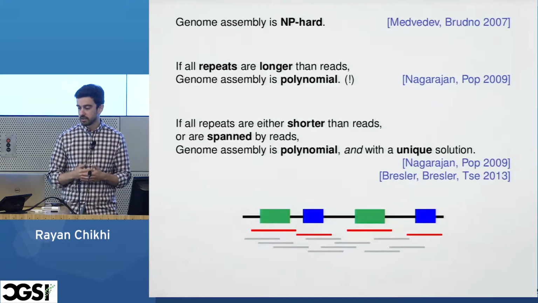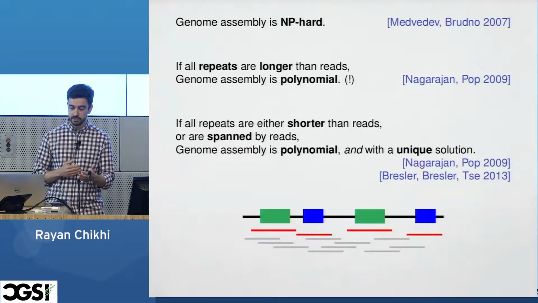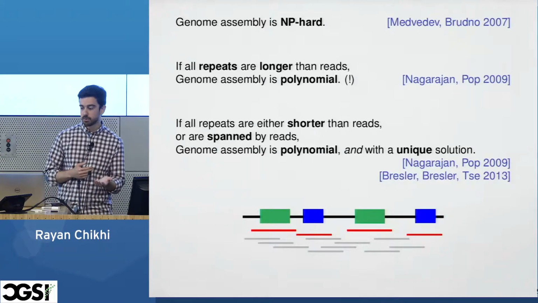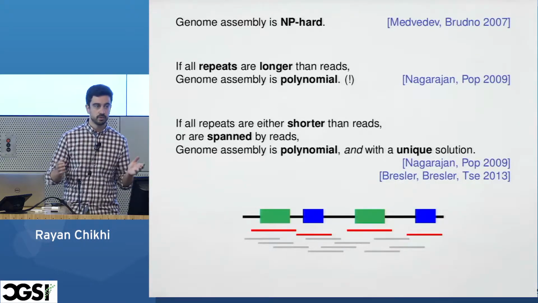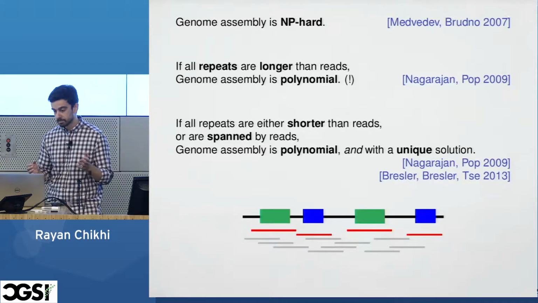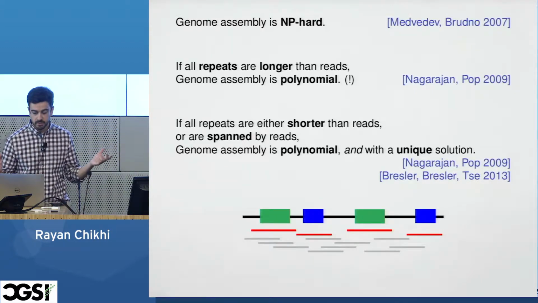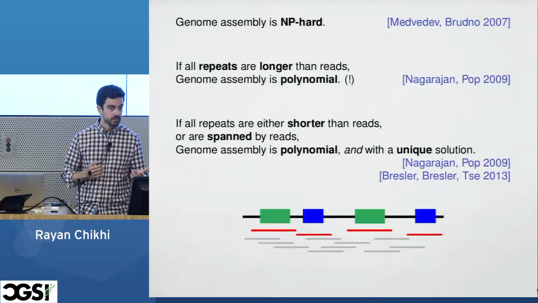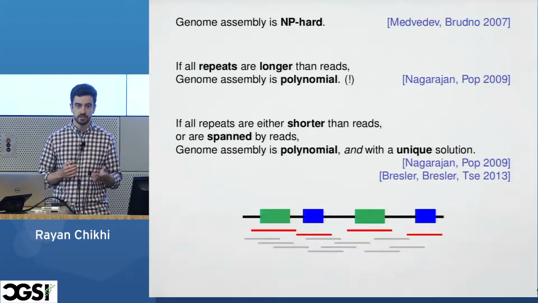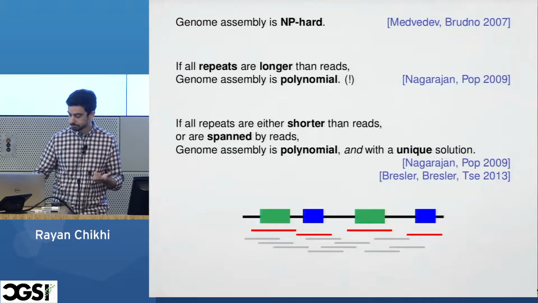But it's not over when you say this, because if you look a little bit closer, if you have an instance where all the repeats are longer than the reads, so imagine short reads, imagine long repeats in the genome, then genome assembly is solvable in polynomial time, which is a surprising result, but no less true.